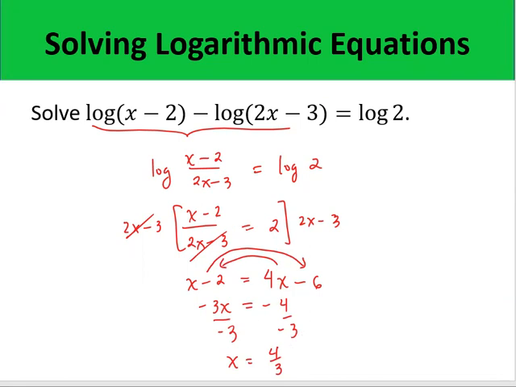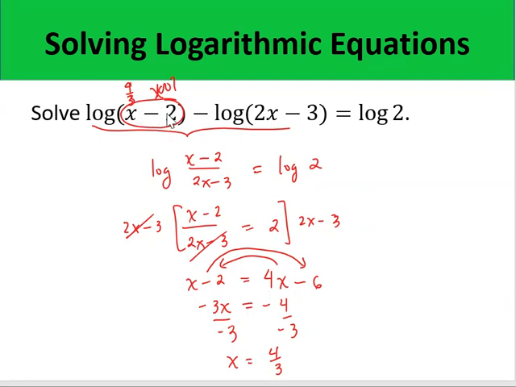However, if we check 4 over 3 here, 4 over 3 minus 2 is negative 2/3. So there will be a problem in this parameter. Okay? So we cannot use this value of x for this logarithm.